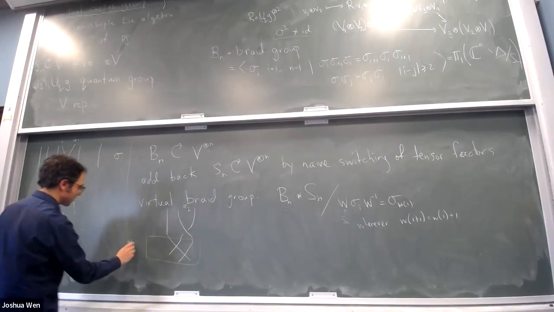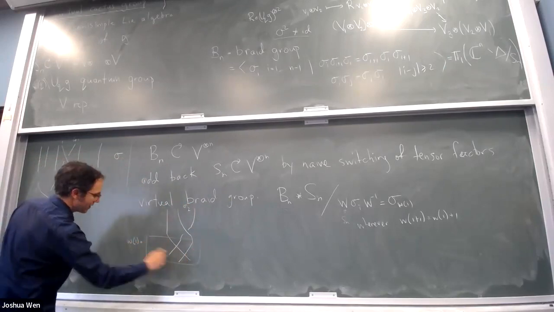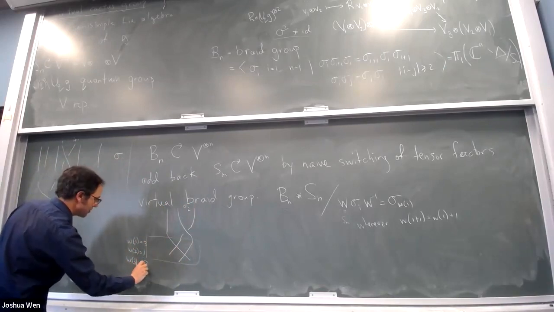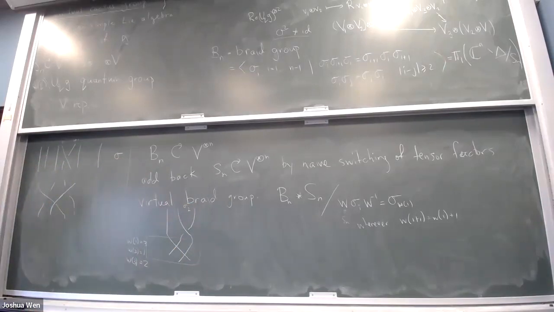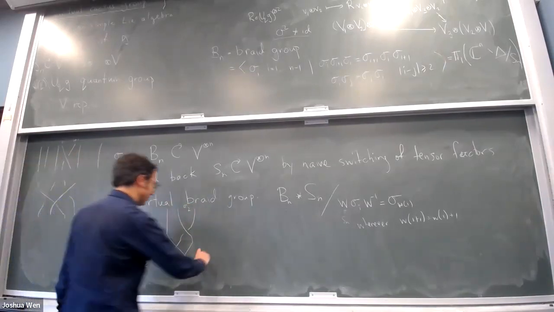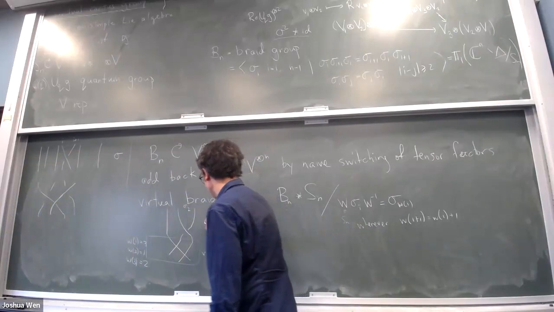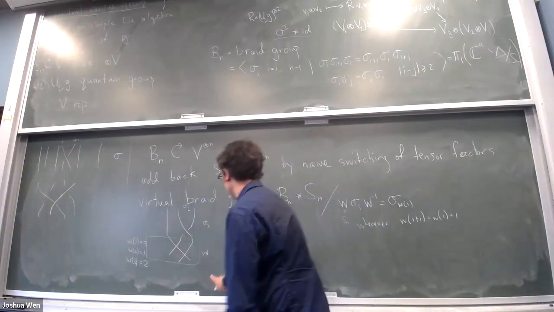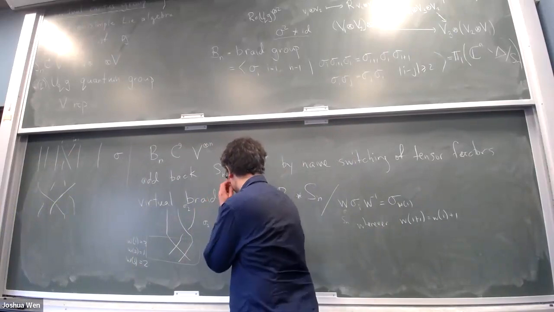There's a W in the symmetric group, and it has the property W(1) is 3, W(2) is 1, and W(3) is 2. So this is W in the symmetric group, and here's sigma 2. If you apply this relation, you get W sigma 2 W inverse.